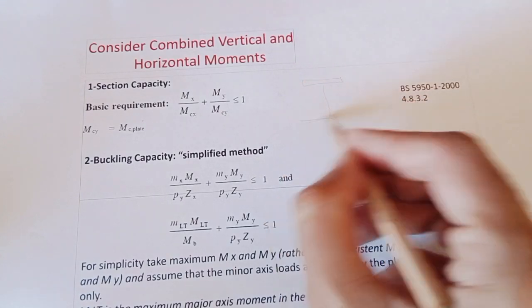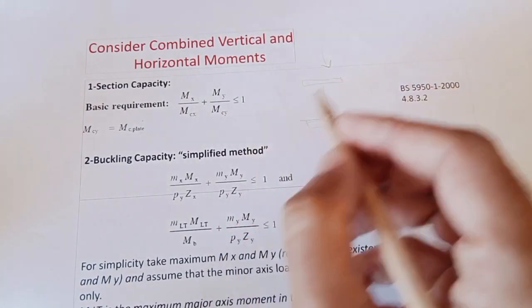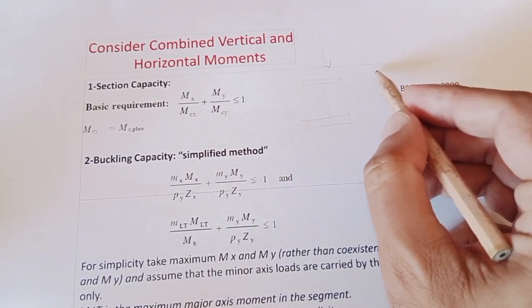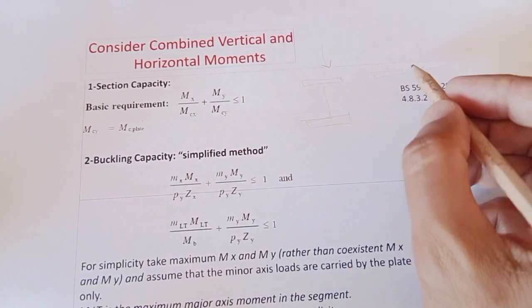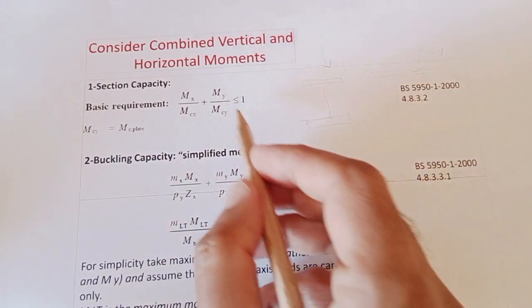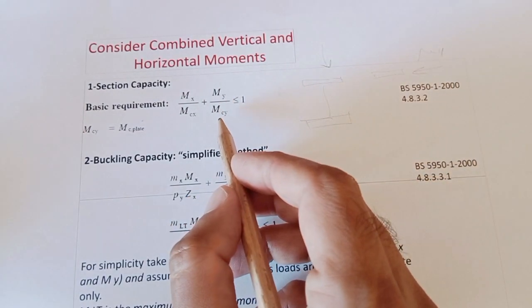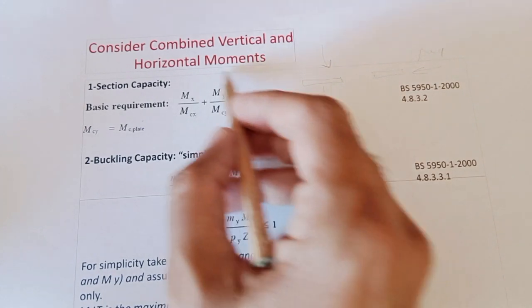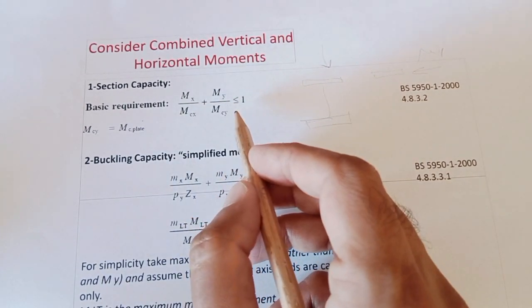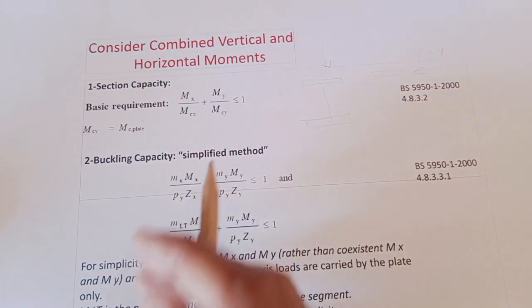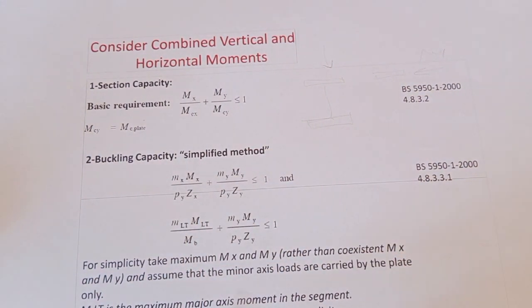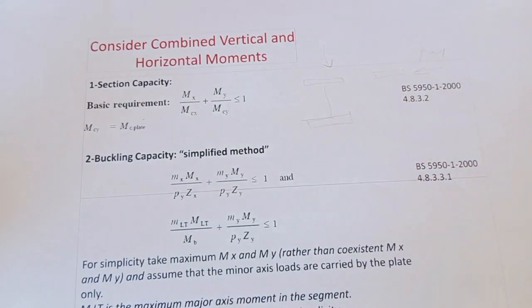So this is bending in the major direction, and for the top flange we have MY, MCY, which is applicable for the top flange. And if the combination effect is less than 1, it means the design is safe. Otherwise, we need to increase the section totally, or do whatever we need to reach this factor.